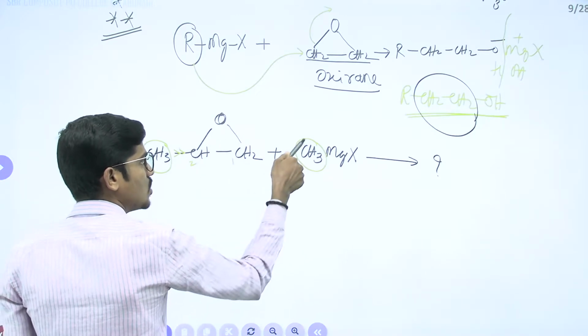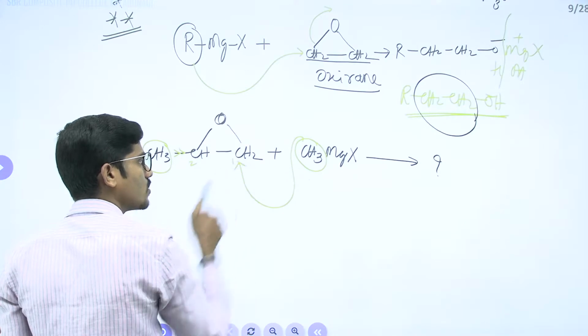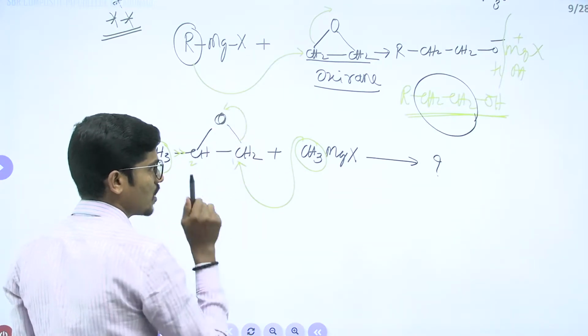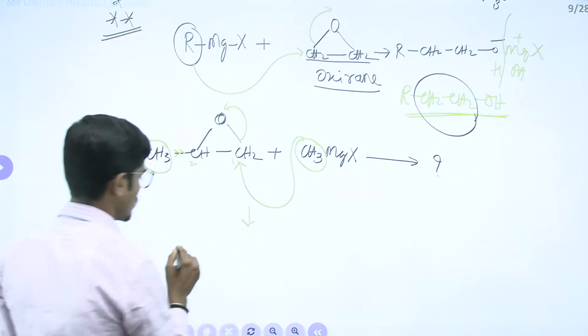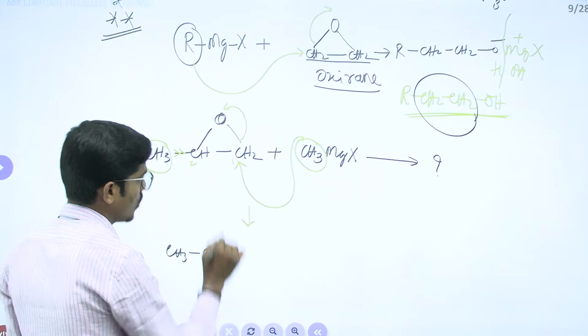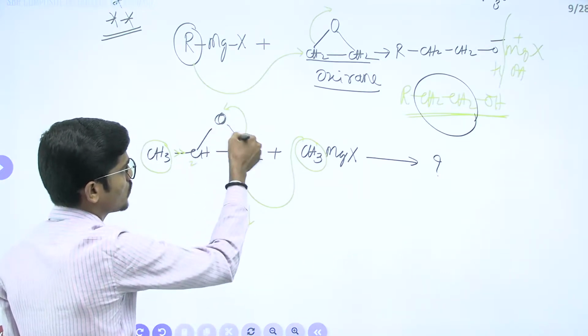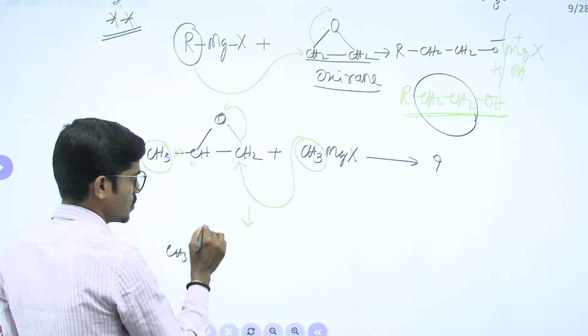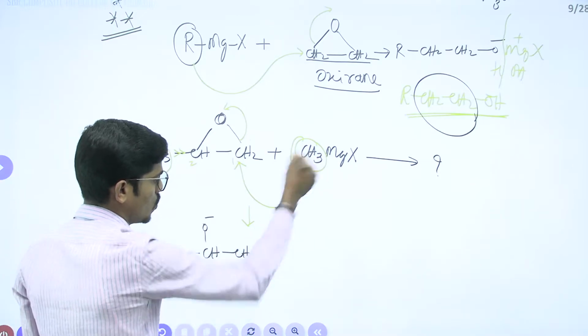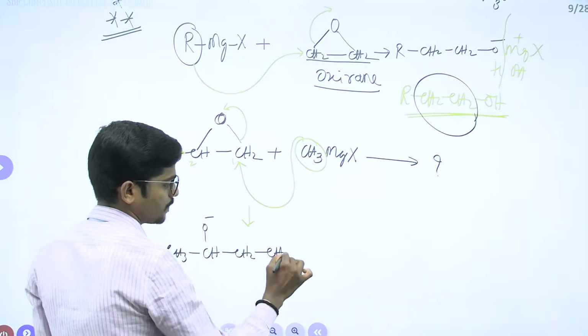As a result, the alkyl group attacks this carbon atom, and this bond gets shifted onto the oxygen. It gives the product: CH3 single bond CH, this bond is broken, now it is O minus, and this is CH2, and another one is CH3.